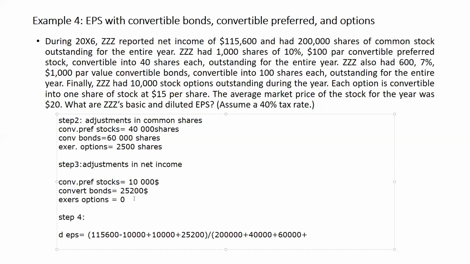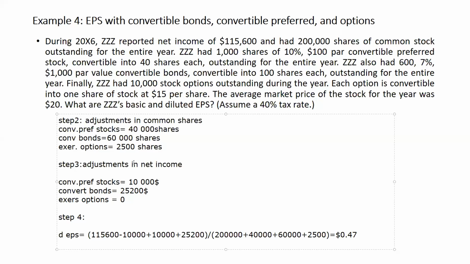Let me calculate 115,000 minus 10,000 plus 10,000 plus 25,000, divided by 302,500. Okay, 0.47.